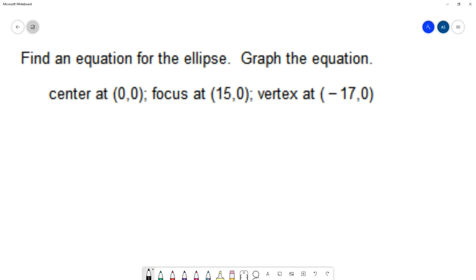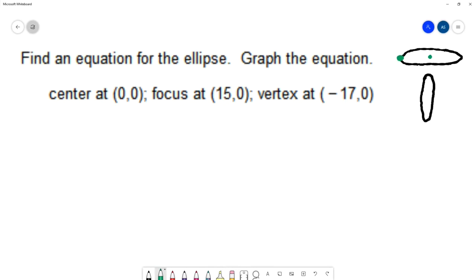So when you're looking for the orientation, you want to figure out whether you have an ellipse that is oriented horizontally or an ellipse that's oriented vertically. So when an ellipse is oriented horizontally, the center will be in the middle, of course, and then two important features will lie horizontally along where the center is.